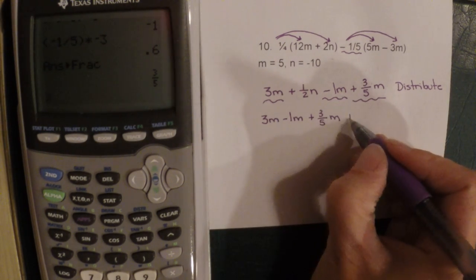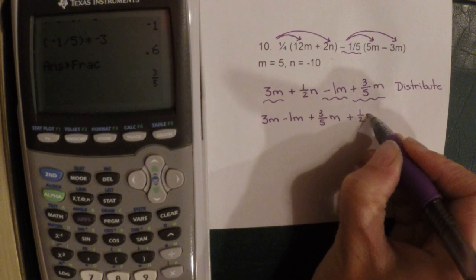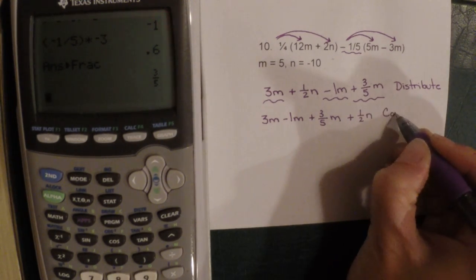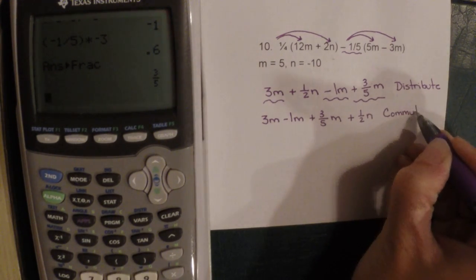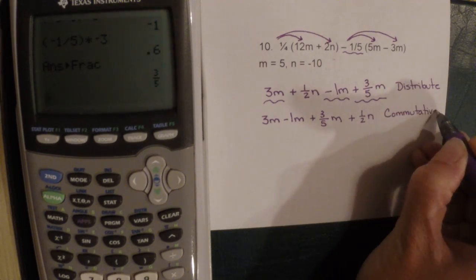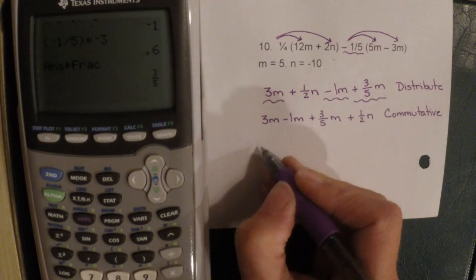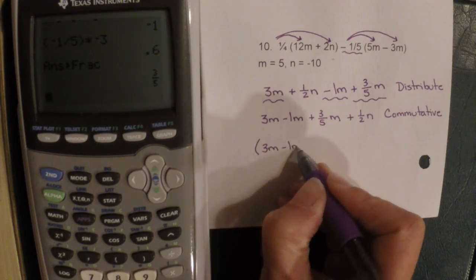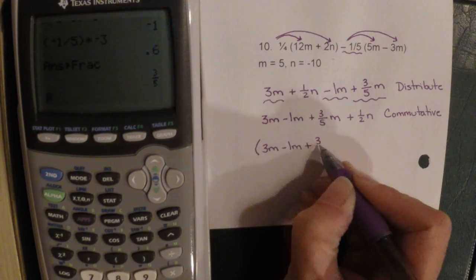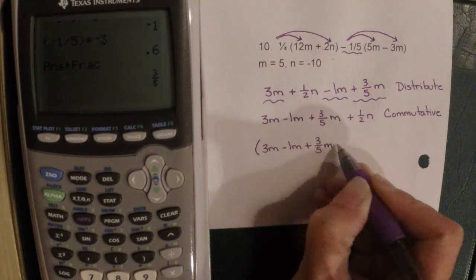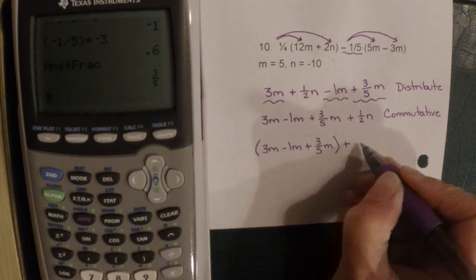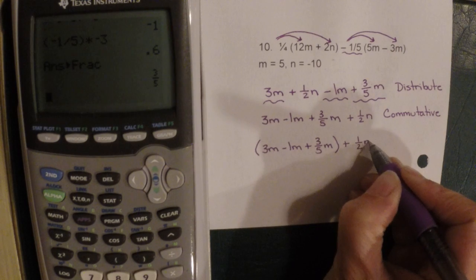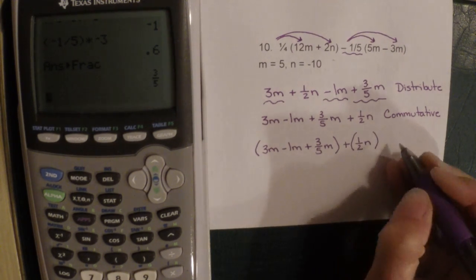And then I have the plus 1/2 n by itself. And this was our commutative. So then associative, I'm going to add the parentheses. So basically I'm taking everything that has the m and putting it in one set. And then this would be in a set on its own.